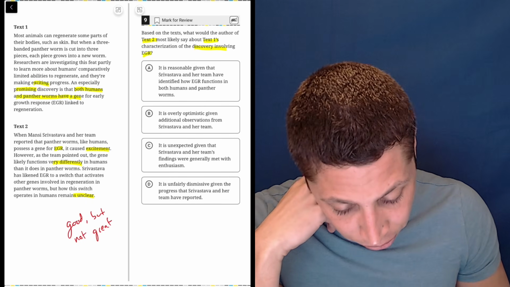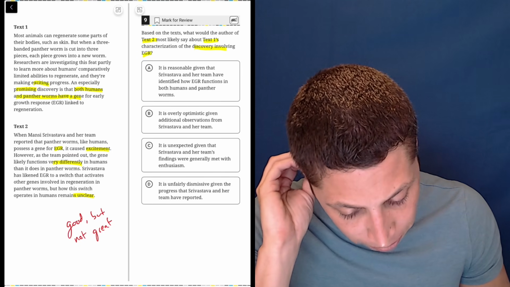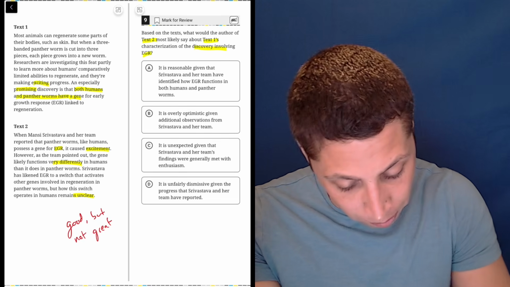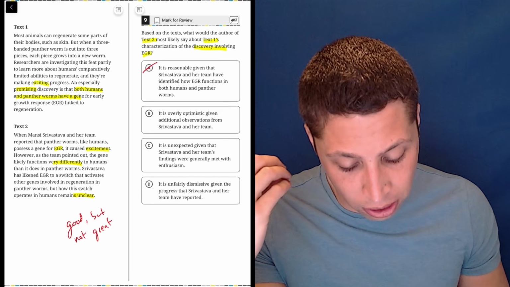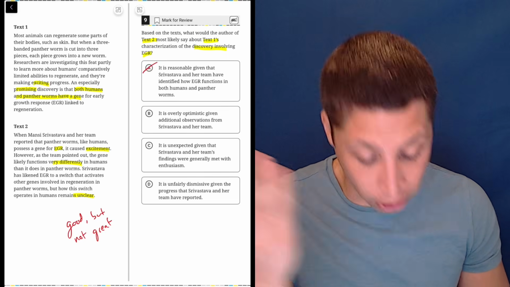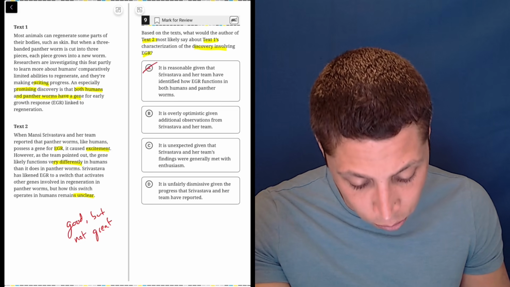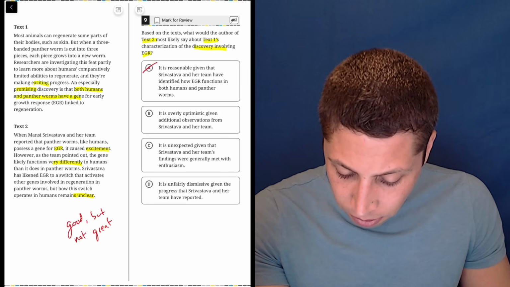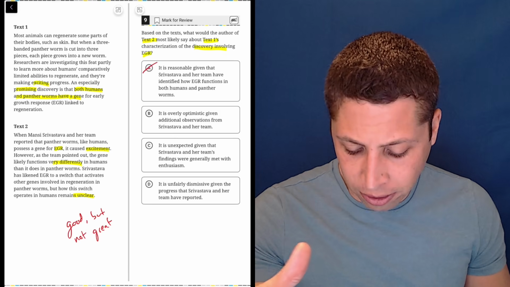It is reasonable given that Srivastava and her team have identified how EGR functions in both humans and panther worms. No, they don't know. It said at the end of that passage that it remains unclear, so they don't know how it functions. B, it is overly optimistic given additional observations. Yeah, it's overly optimistic. It's good, but not great. That seems right. It is unexpected given that the team's findings were generally met with enthusiasm. Well, no. First of all, the team's findings were not generally met with enthusiasm.